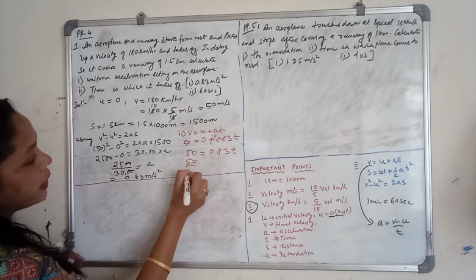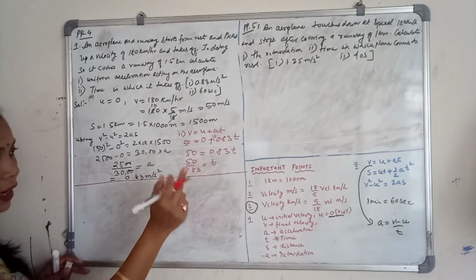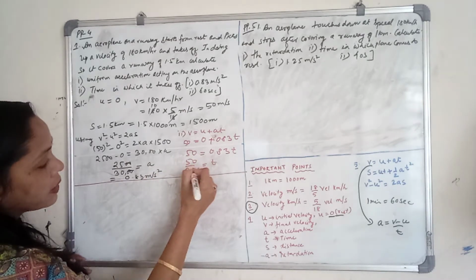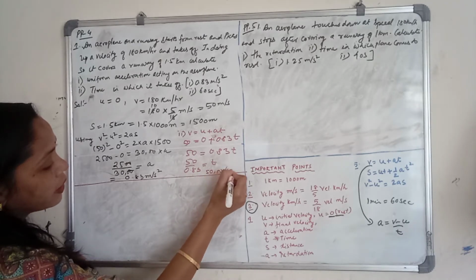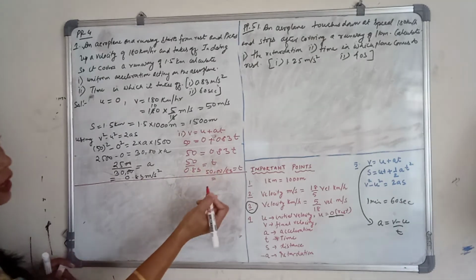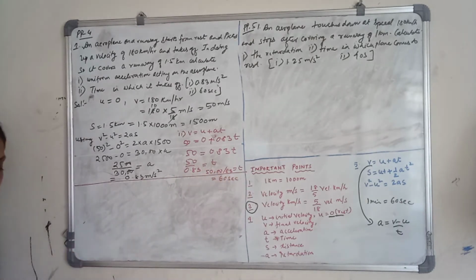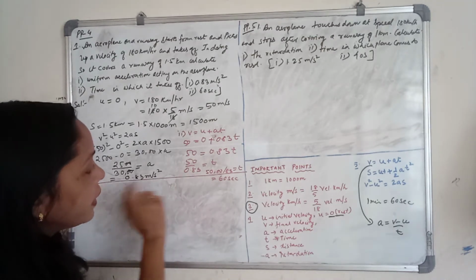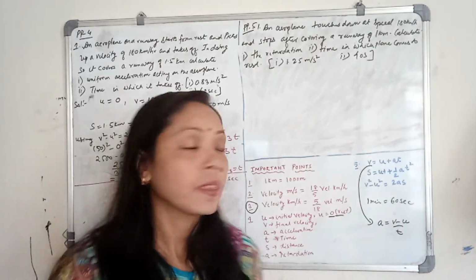So 50 divided by 0.83 equal to t. Now divide it. You can remove the decimal first. 5000 by 83 equal to t. So the answer, if you divide this one, comes as 60 seconds.